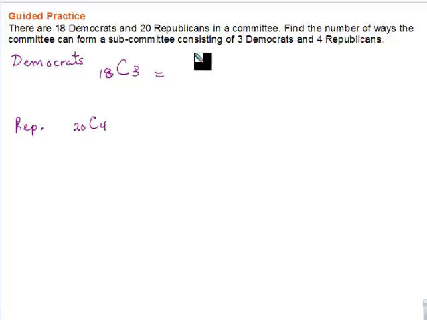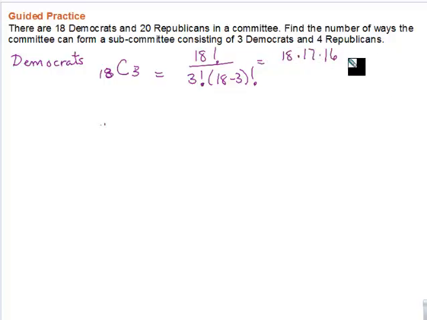So this is 18 factorial divided by 3 factorial times 18 minus 3 factorial. I'm actually going to move this down a little. So this is 18 times 17 times 16 times 15 times 14 and so on, over 3 times 2 times 1 times, and then 18 minus 3 is 15, so from 15 down, times 1.